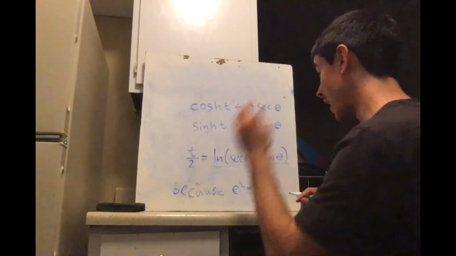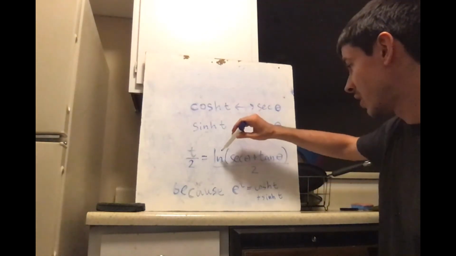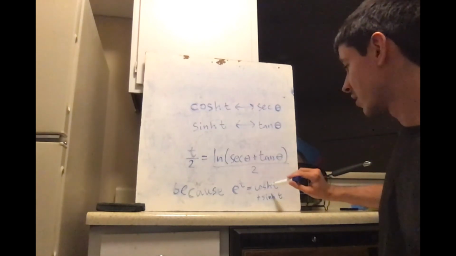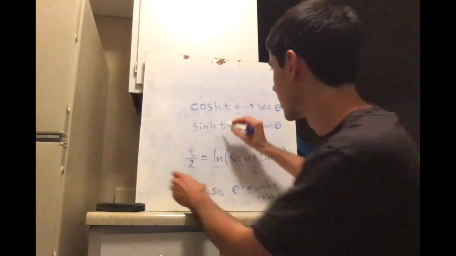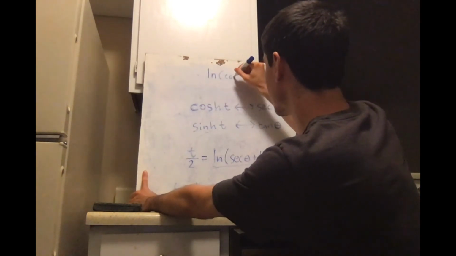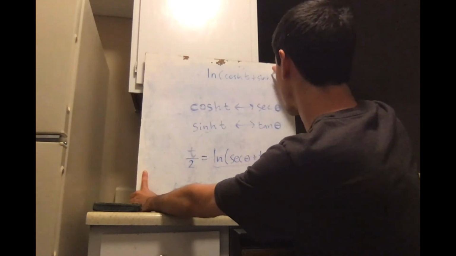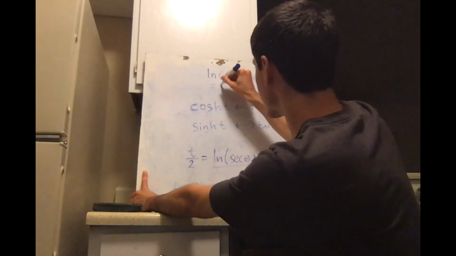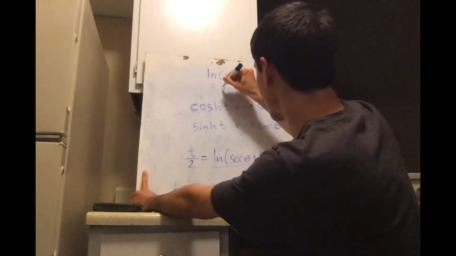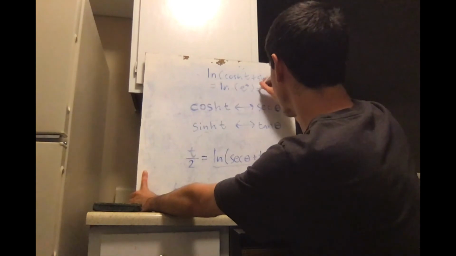So if you want to extract out t, you take the natural log of cosh t plus sinh t. So the natural log of cosh t plus sinh t equals the natural log of e to the t, which equals t.